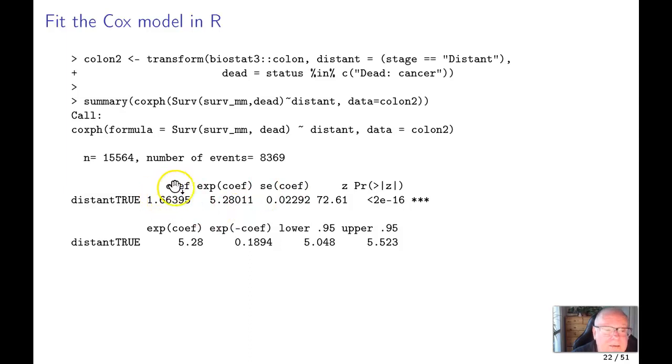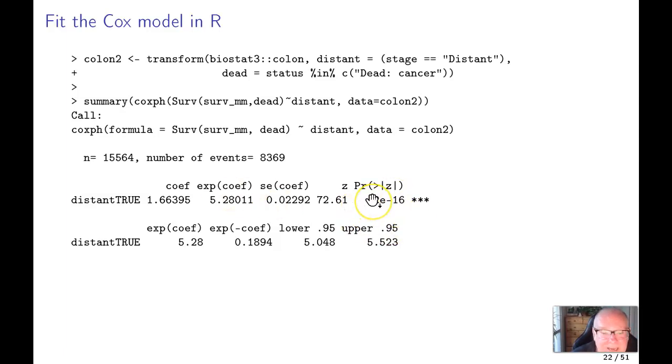Here, the coefficient is a log hazard ratio. We exponentiate it to get the hazard ratio. So what's the interpretation of this? Well, patients with distant metastases at diagnosis have 5.28 times higher mortality than patients who do not have distant metastases at diagnosis, and it's assumed that they have this 5 times higher mortality at each and every point of follow-up.